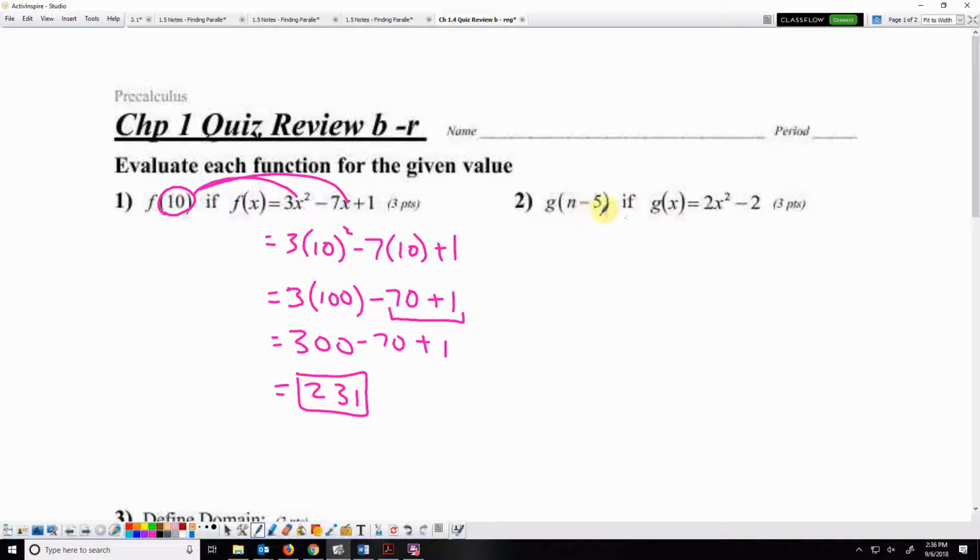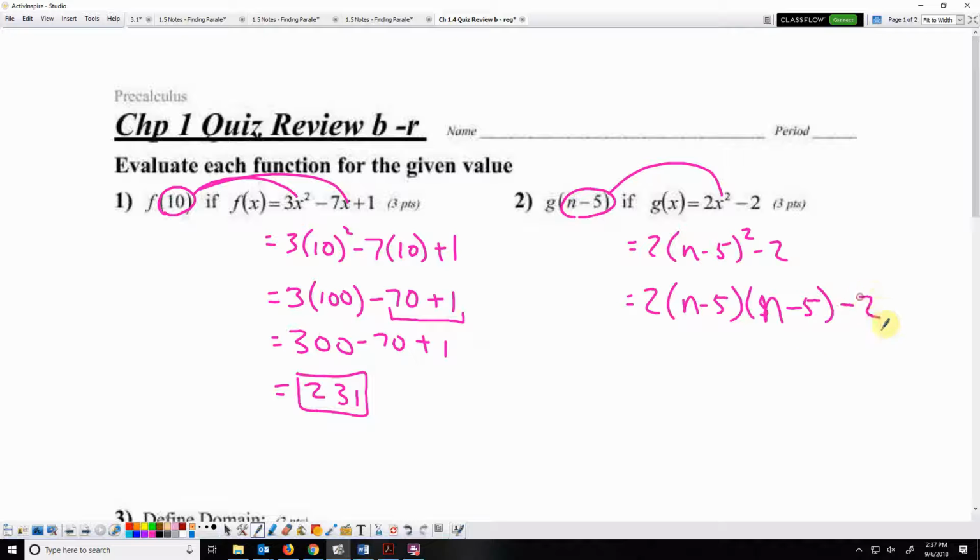Okay, next we're doing g of n minus 5. That means n minus 5 goes in for that x. So that's 2 times n minus 5 squared minus 2. So that n minus 5 squared is n minus 5 times itself. We could do the shortcut: first term squared, which is n squared.